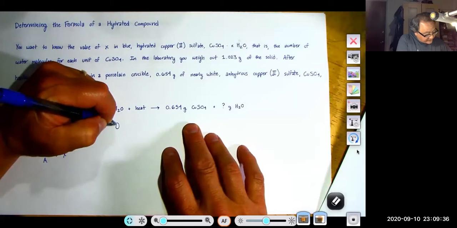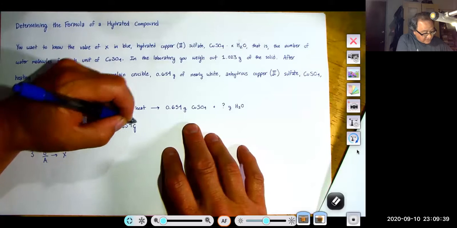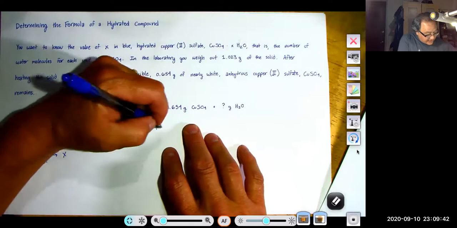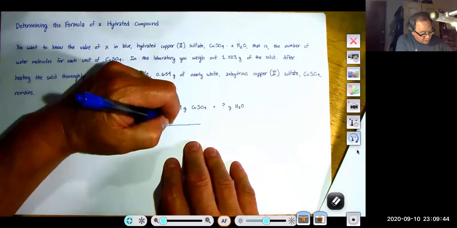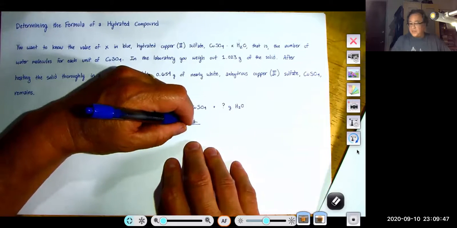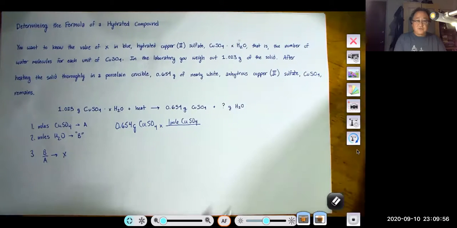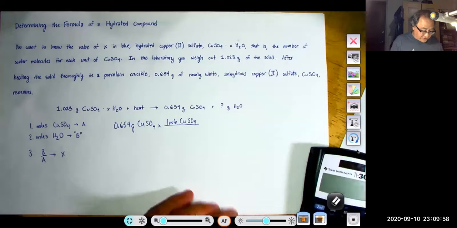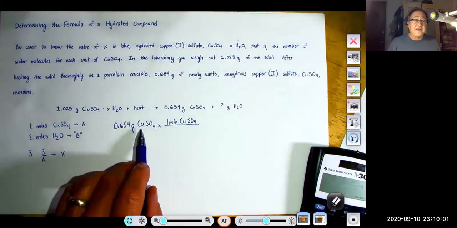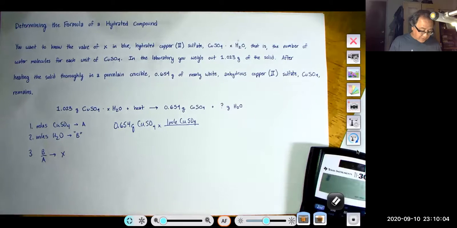We have 0.654 grams of copper 2 sulfate times 1 mole of copper 2 sulfate, and per how many grams? To figure out the molar mass of copper 2 sulfate, I need to know that copper is 63.55 grams, sulfur is 32.07 grams, and 4 oxygens is 64 grams.